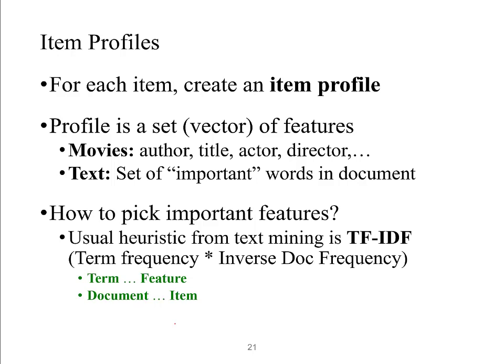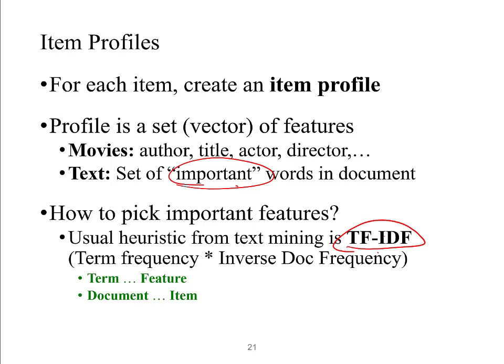For text, we need to generate a set of important words in the document. So the question here would be, for text data or items, what are the important words, or how do we pick important features? Usually we use a heuristic from text mining, TF-IDF, to measure the importance of the words.